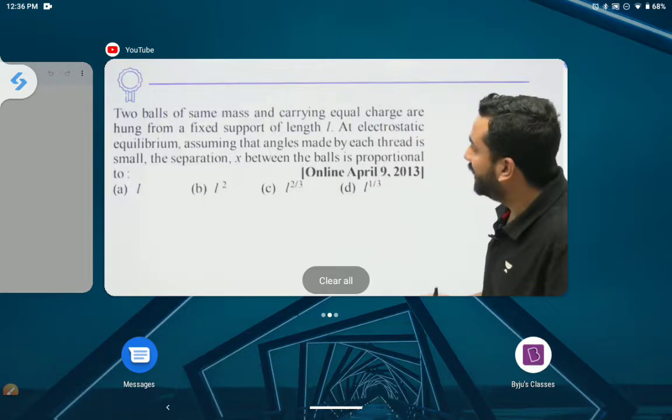Electrostatic equilibrium means zero net force is present in that condition. Assuming that the angle made by each thread is small, that means the angle should be neglected. Suppose sine theta should be treated as theta. So the separation x between the balls, that means the distance between the two balls, was asked.